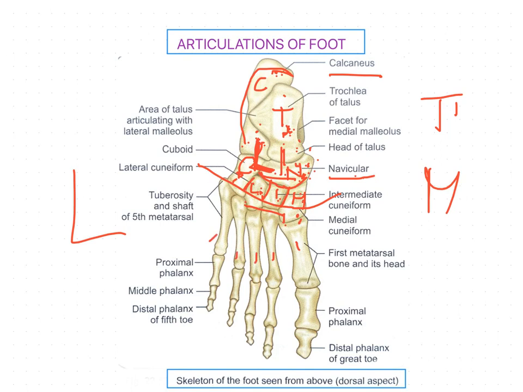These metatarsals articulate with the cuneiforms as well as the cuboid. And there are also some articulations between the metatarsals themselves. Those joints are called intermetatarsal joints. Now we will see these joints in detail.